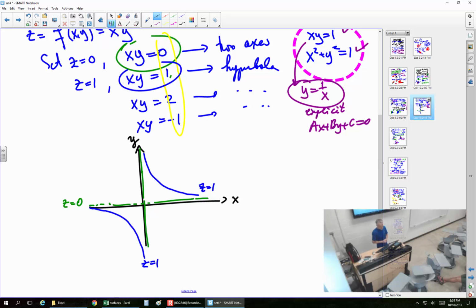The point being that the value of z is the elevation. So what we're doing, we're literally mapping the surface. Remember that metaphor, a function of two variables represents the terrain, and then we're trying to produce a map of it, and one way to do it is like this.